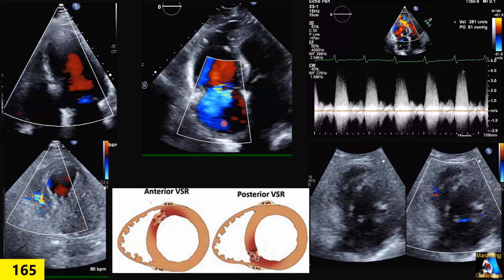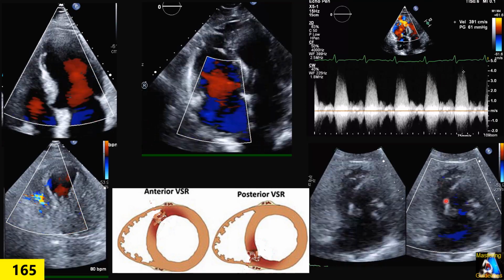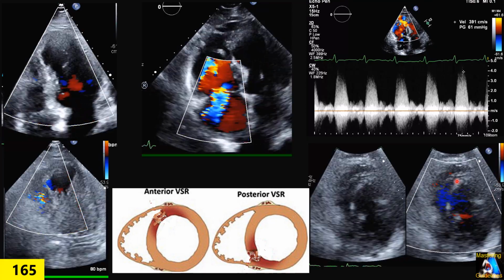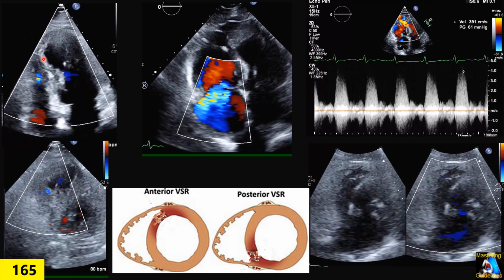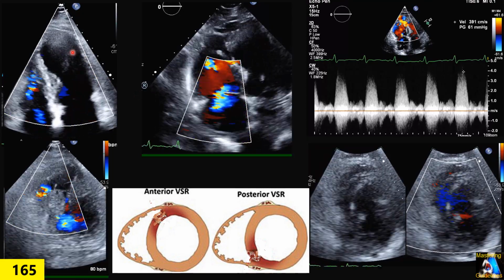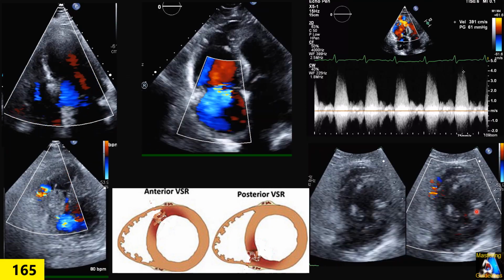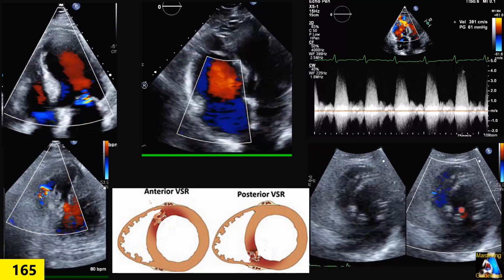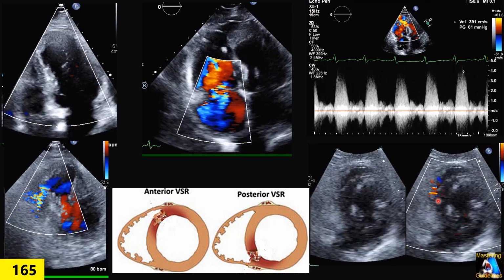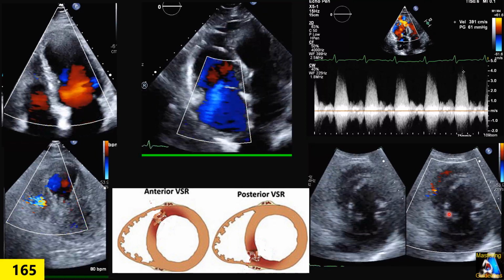The third one is here. Sorry, before I go there, here you can see on the P-axis. Don't forget, when you have wall motion abnormality in any spot, always do searching and surveying with color at the P-axis too. Here, you can see an abnormal jet suddenly show up at this junction of the right ventricle and the left ventricle.